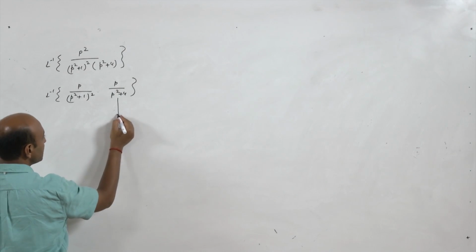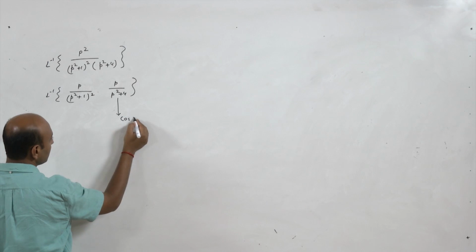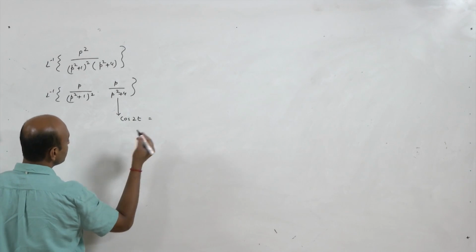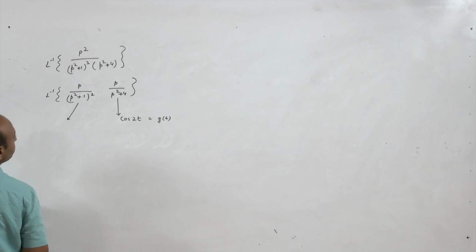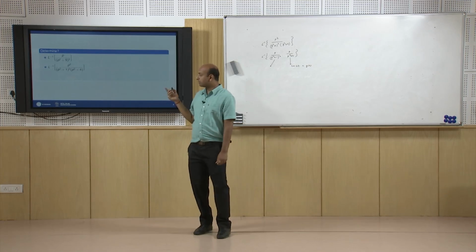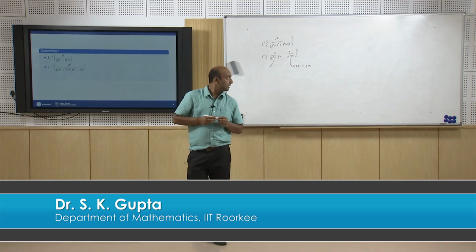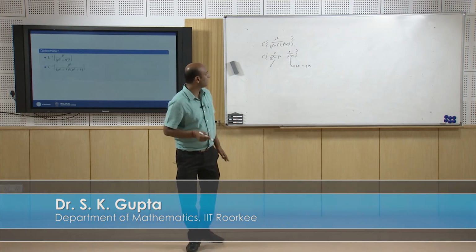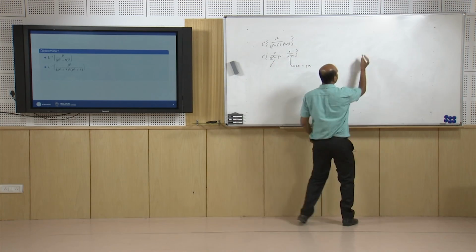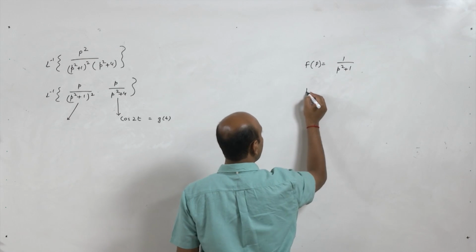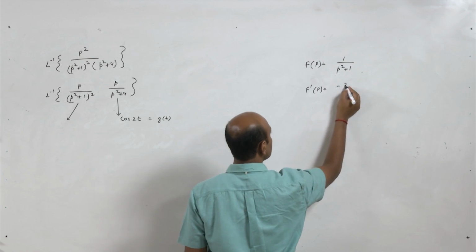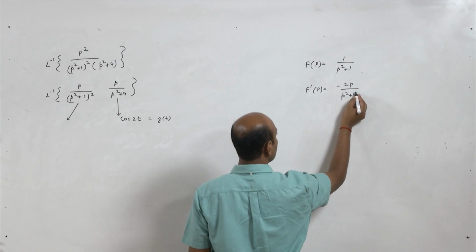Now, Laplace inverse of this we already know, this is nothing but cos 2t, which is ft or gt, anything. Now, Laplace inverse of this again you can find out using the previous problems, as in the previous problems we did finding the f dash. We can easily find out, because you can take fp as 1 upon p square plus 1 and then find the derivative as f dash p is equal to minus 2p upon p square plus 1 whole square.